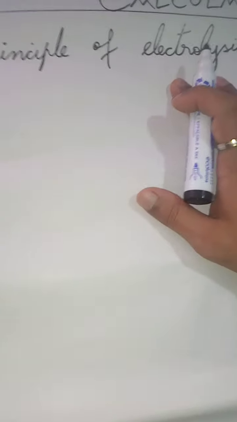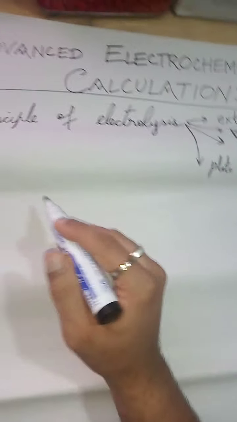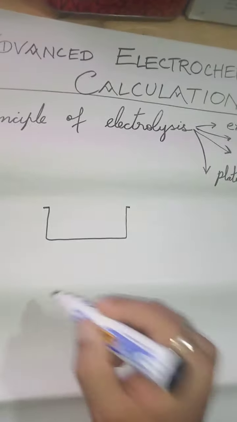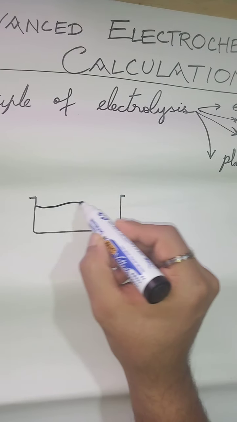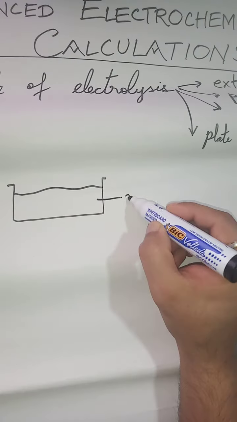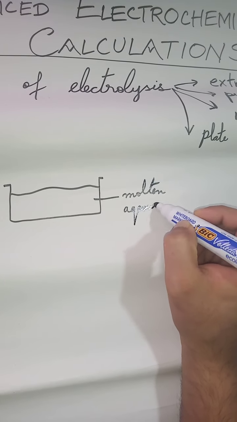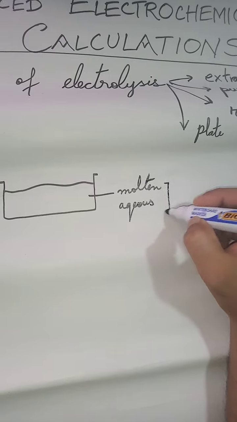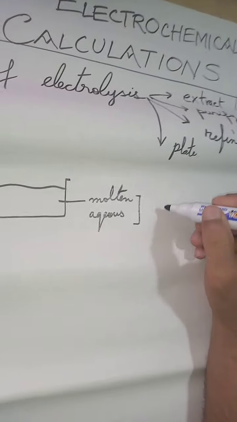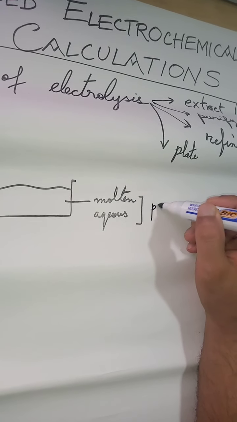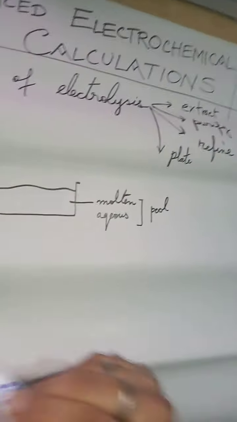In electrolysis, you've got a container containing a molten or aqueous pool containing the desired metal.